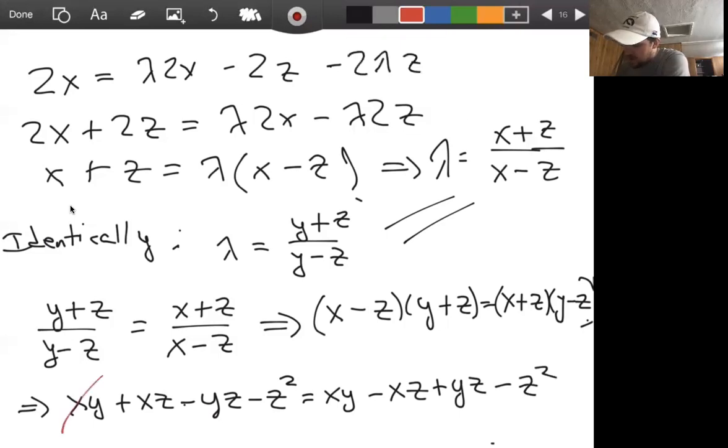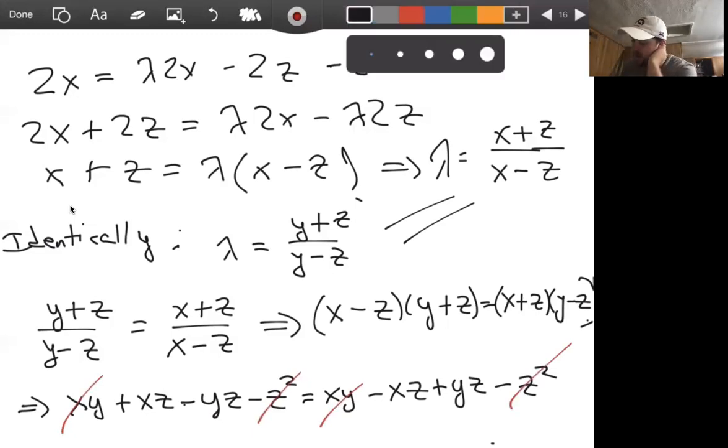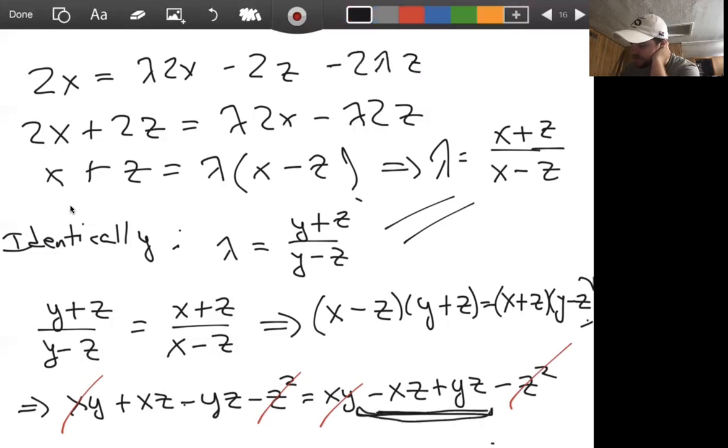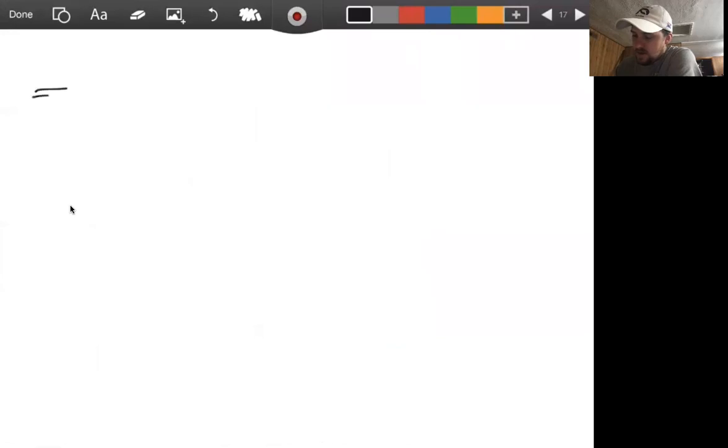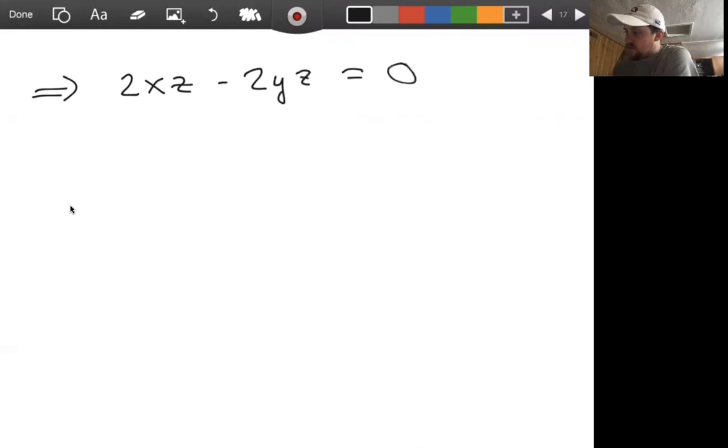I have an xy here and an xy here. I have a minus z squared here and a minus z squared here. And now I can add this negative xz plus yz to the other side, and that's going to give me 2xz minus 2yz. So this gives me 2xz minus 2yz equals 0.